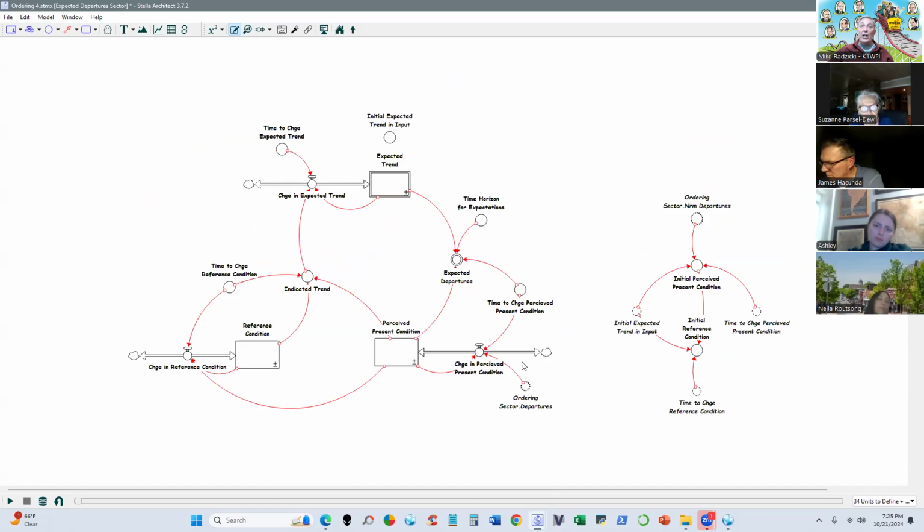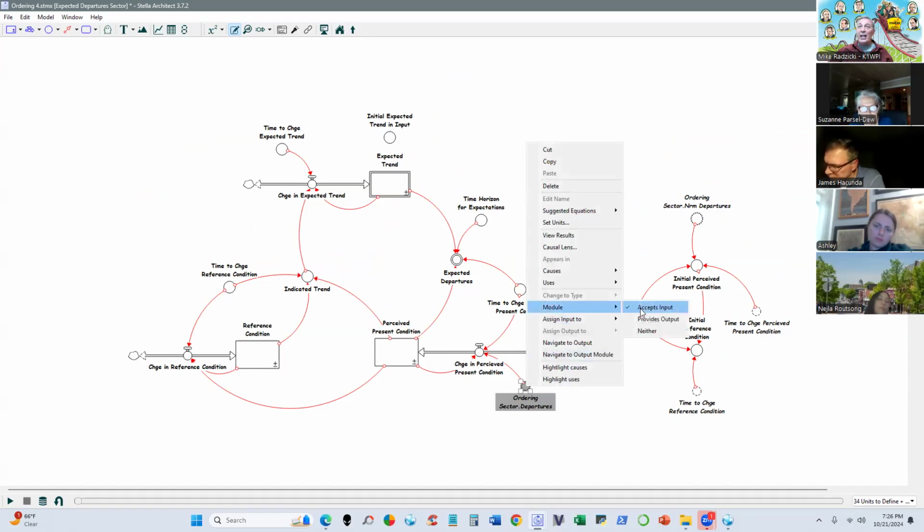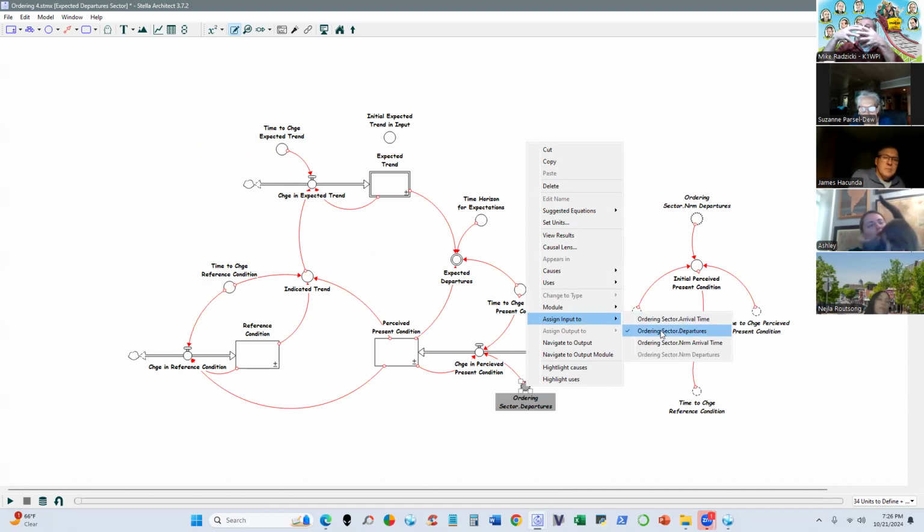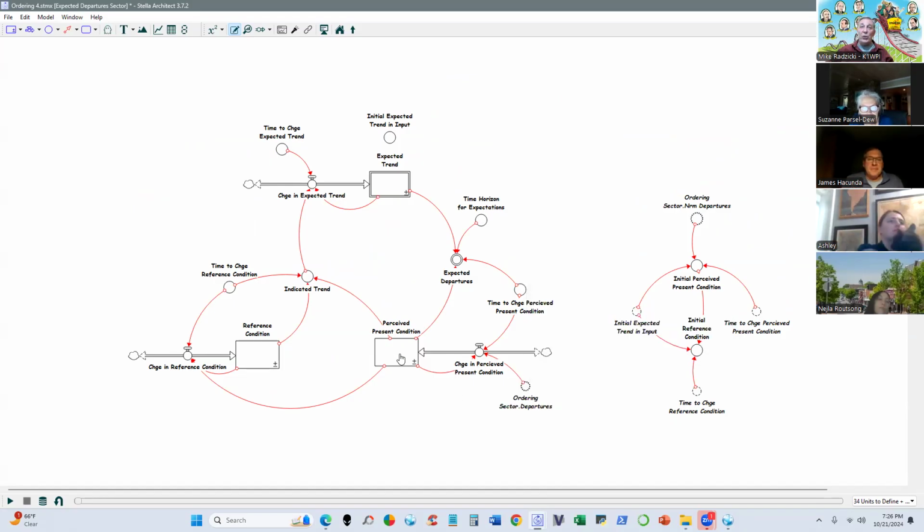And then over here, I wanted to enter this structure, so it's a module that accepts input: the departures from the ordering sector. So they link. Now it goes into the perception, which is just that same structure that used to be the expectations.